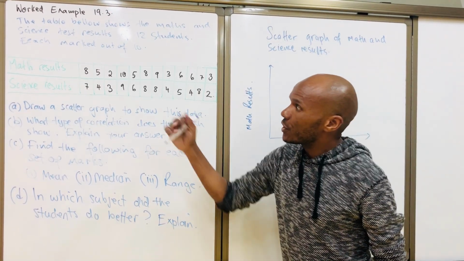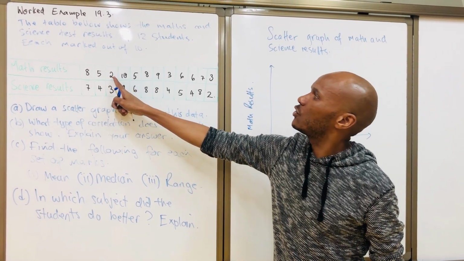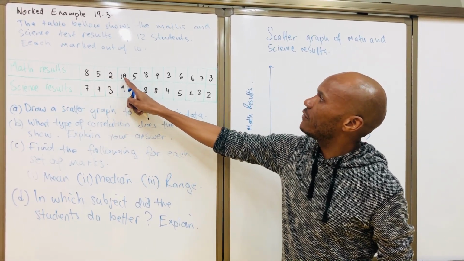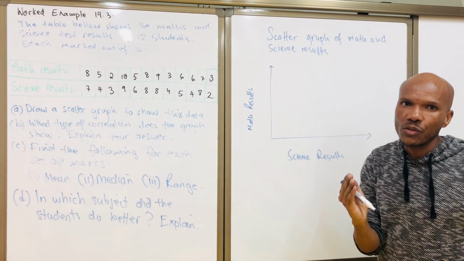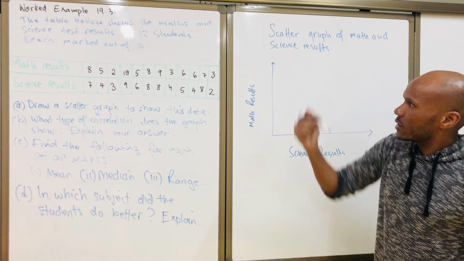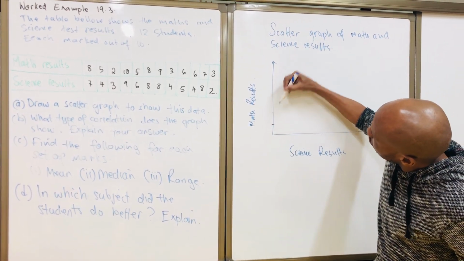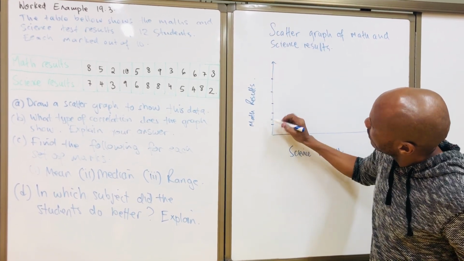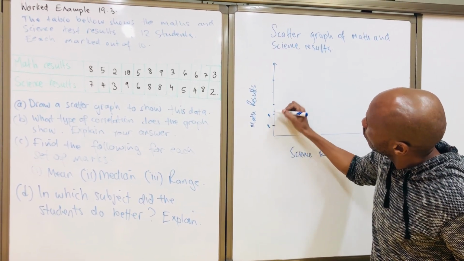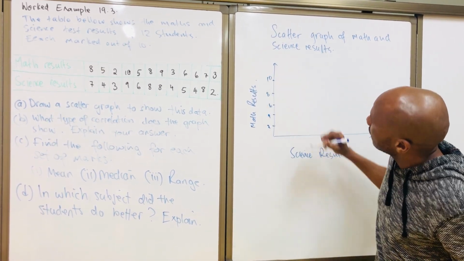Now, the third thing, we're going to look at the scale. The lowest we have here is 2, and the highest we have is 10. So, how are you going to put your scale? We can put our scale from 2, let's say 2, 4, 6, 8, 10.